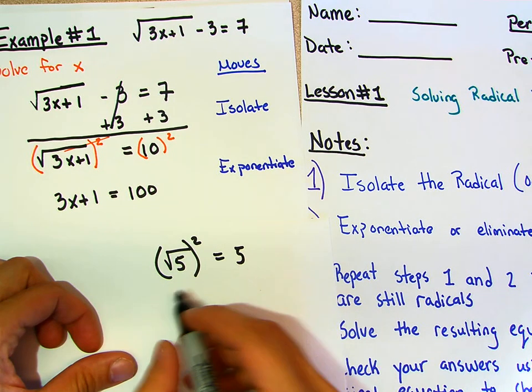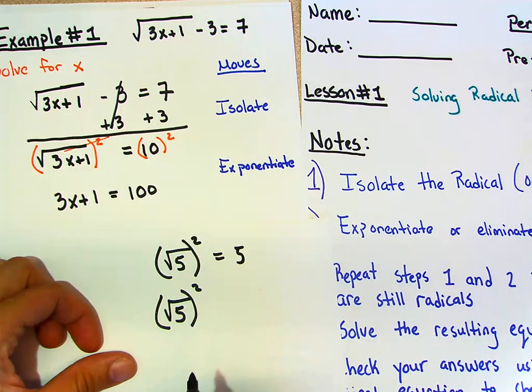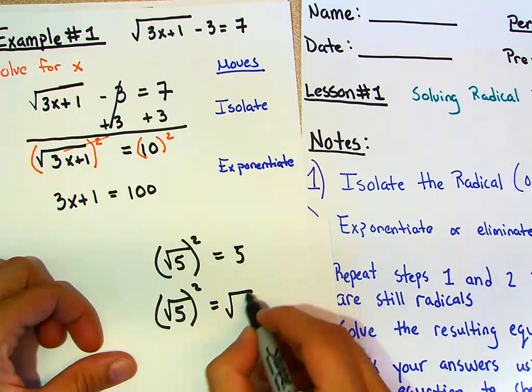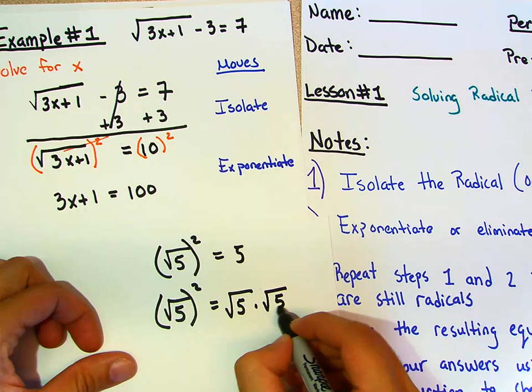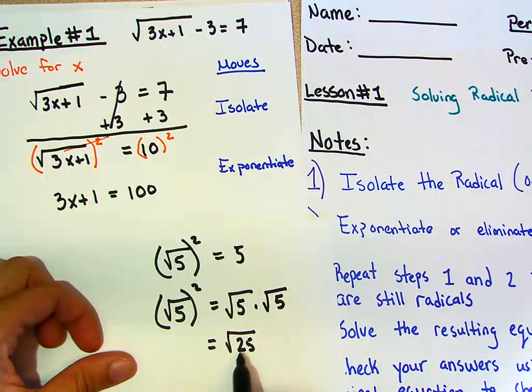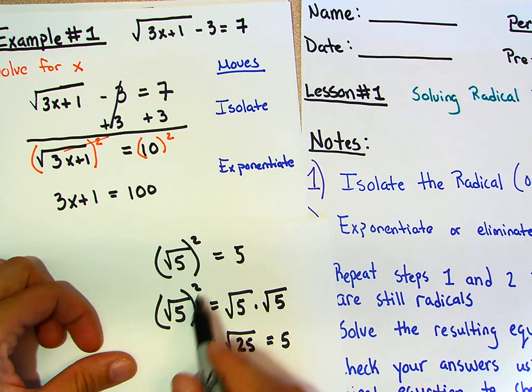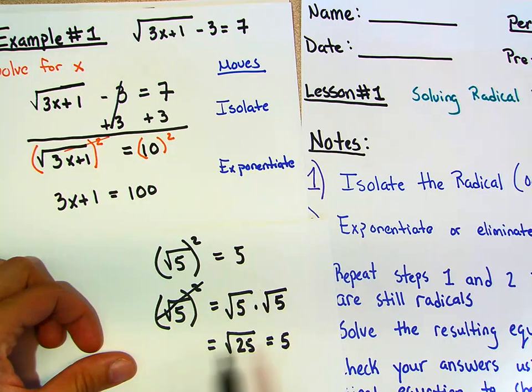Well, the reason is, if I have square root of 5 and I square it, I'm doing square root of 5 times square root of 5. But what is the square root of 5 times the square root of 5? This is the square root of 25. But what's the square root of 25? It's just 5. So you see here, that's the reason why it cancels this radical when you square both sides.